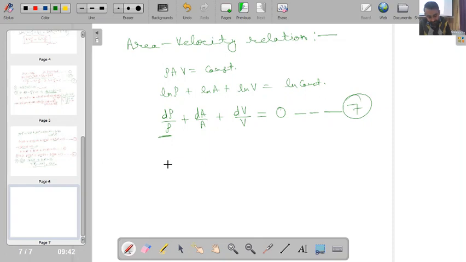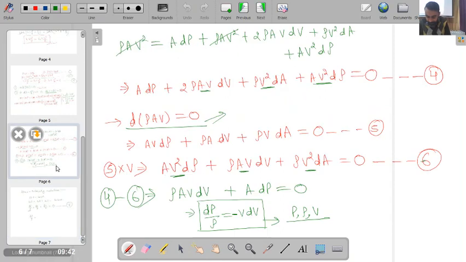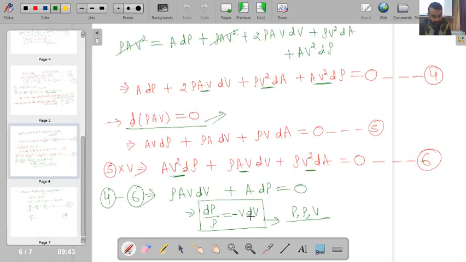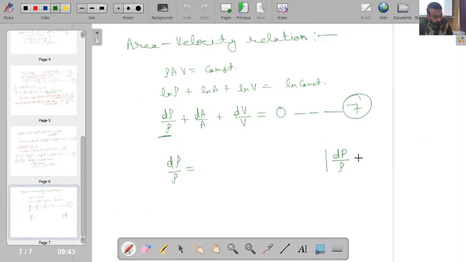So what I can do is write this value d rho by rho using one important relation. Let me use this relation first. From the previous slide, dP by rho is equal to minus V dV. Now I want to replace this d rho by rho term in terms of velocity.